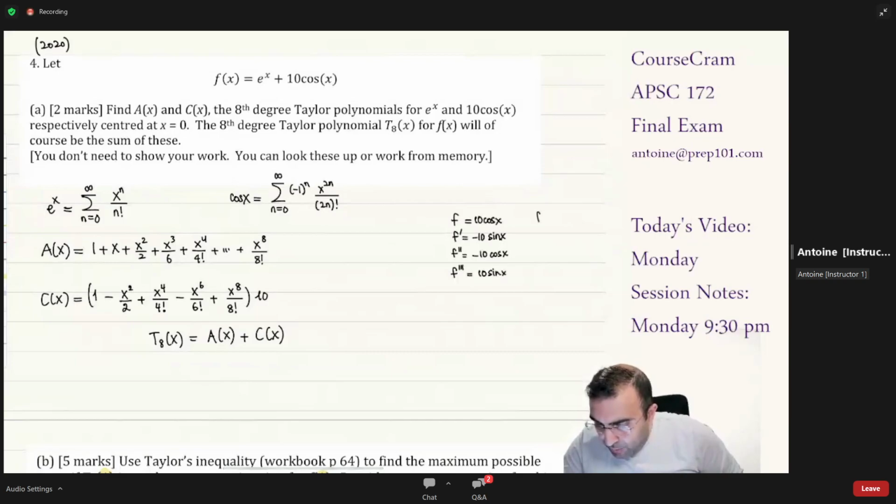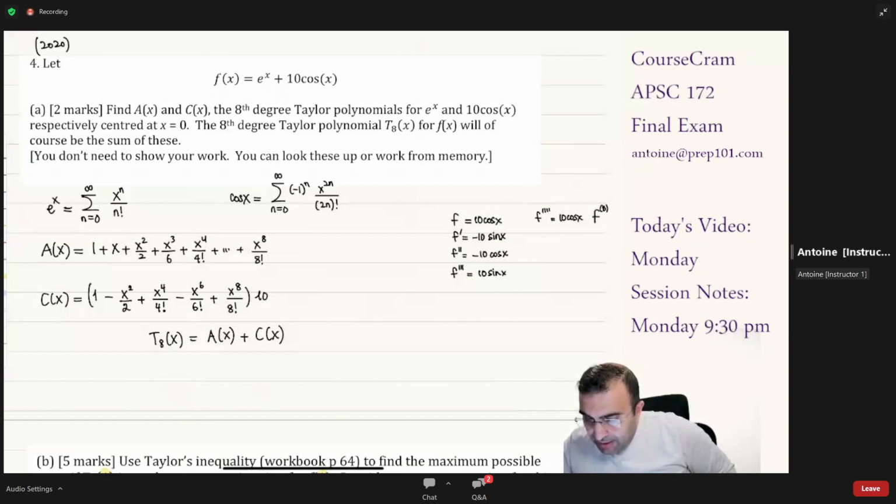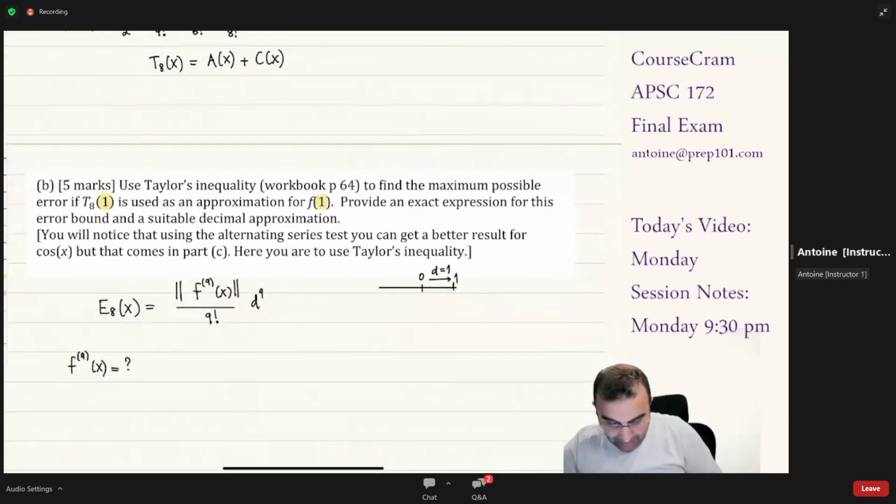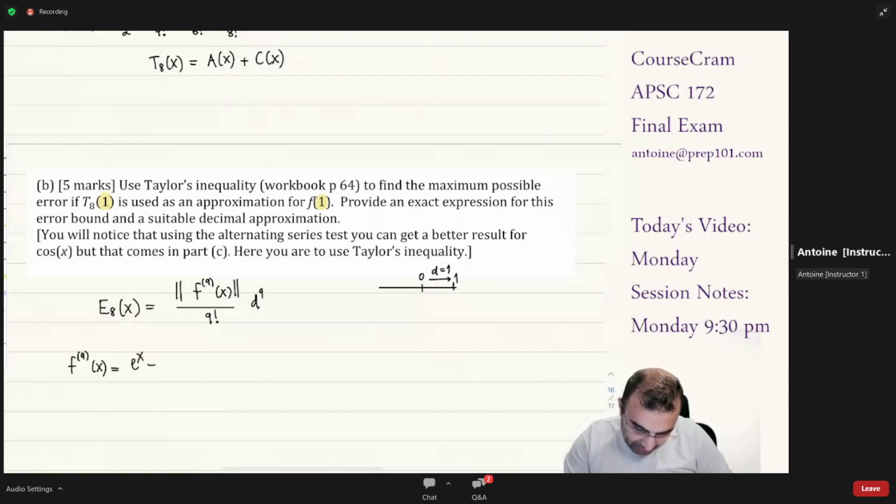And notice when you go f quadruple prime, you go back to 10 cos. So when you get to f8, you're going to get to 10 cos. So f9 is the same thing as f prime. So f to the order 9 is minus 10 sine x. So that would be e to the x minus 10 sine x.